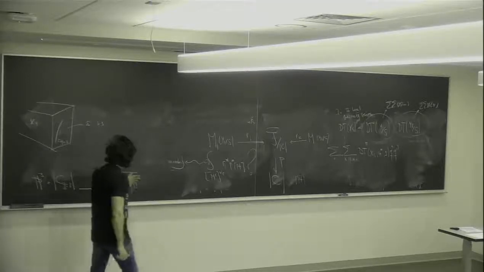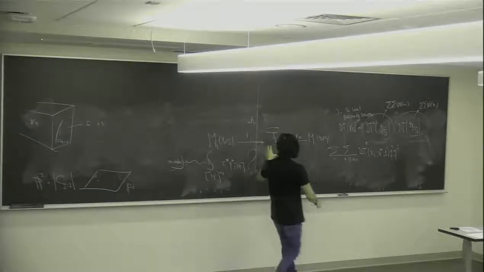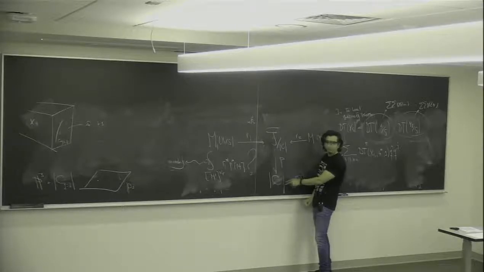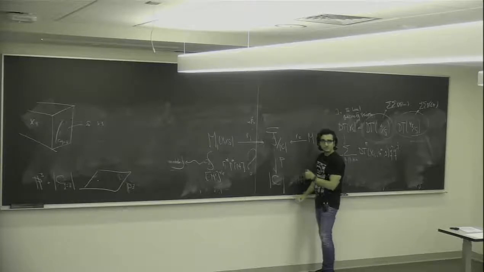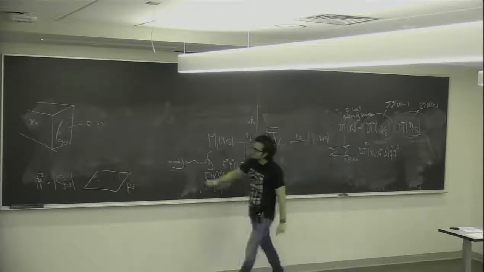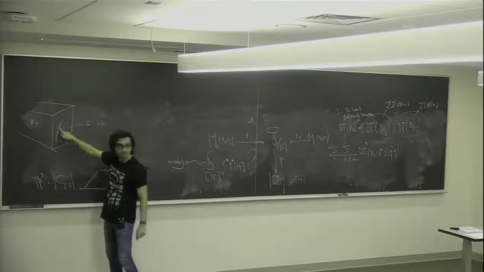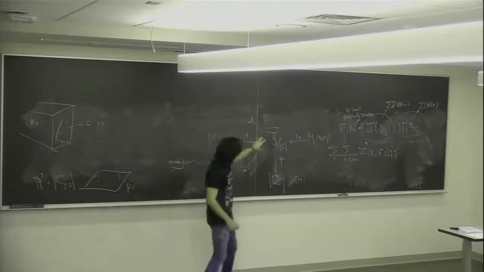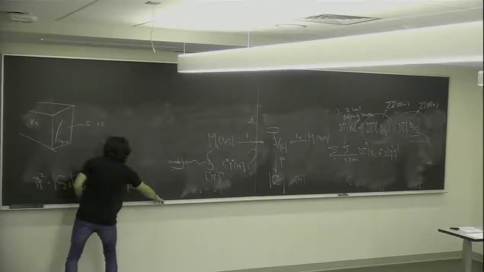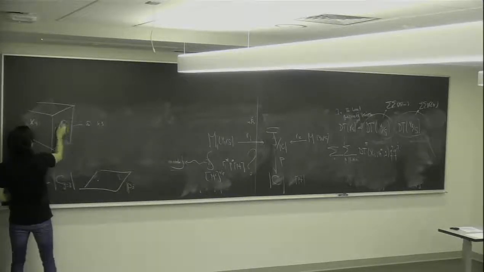If you want to know what's the fiber of the relative Jacobian over a point in that P3, of course it's all of the sheaves with pure one-dimensional support, which are supported exactly on that curve.